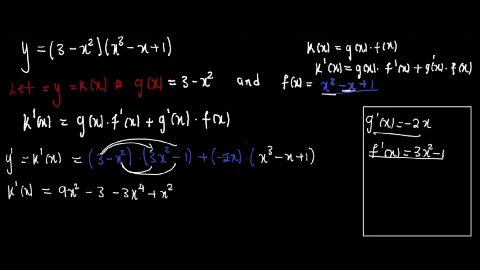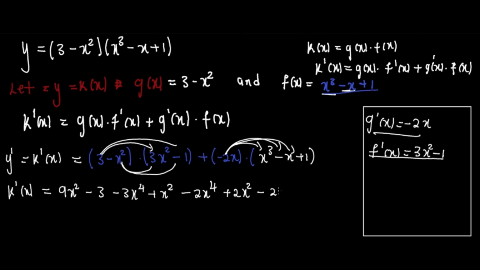So minus 2x times x cubed is equals to minus 2x to the 4th power, and minus 2x times -x is positive 2x squared. Then minus 2x times plus 1 is minus 2x.